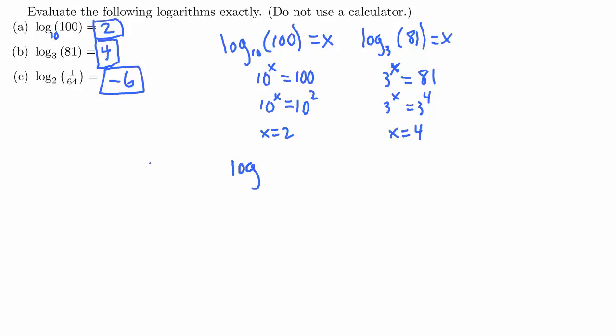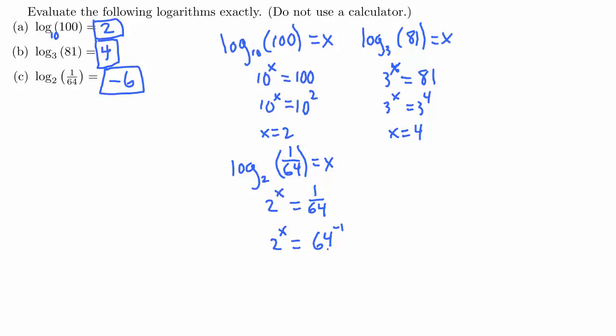I can also do this with the last one, log base 2 of 1 over 64 is equal to x. So that means 2 to the x power is equal to 1 over 64. But this is a fraction and I don't like that. So I can make this 2 to the x power is equal to 64 to the negative 1. And that's why I knew originally that there would have to be a negative there.